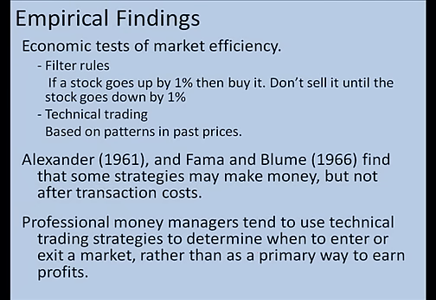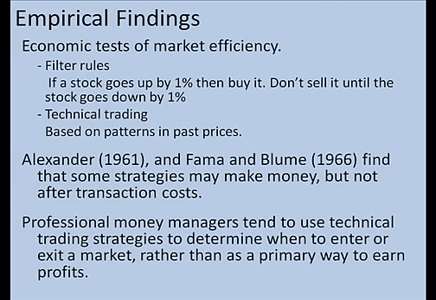A filter rule would be to say, if the stock goes up by 1%, then buy it, and don't sell it until the stock goes down by 1%. And we'd examine this trading strategy and see if it made money. There was also technical trading, which may be based on patterns in past prices. So if you observe this pattern, you should buy or sell.